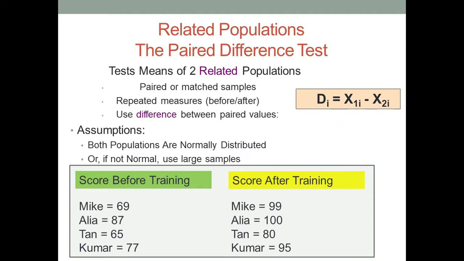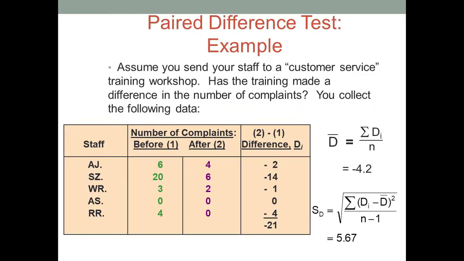So we go to the next example. Let's say you have sent your staff to a customer service training workshop, and we want to know whether the training produces a different result in terms of number of complaints. If the training is really effective, the number of complaints should be reduced. So we want to see the effectiveness.